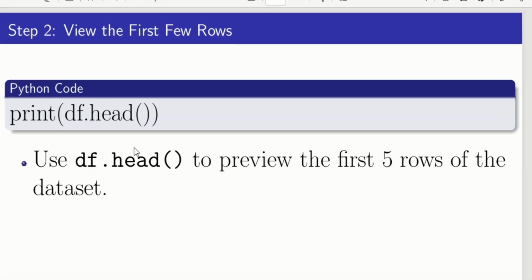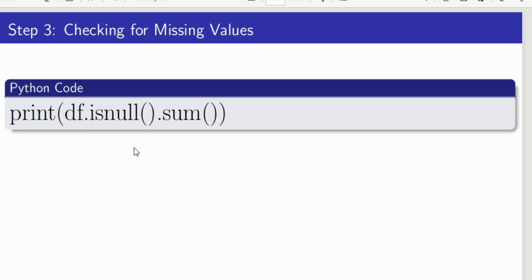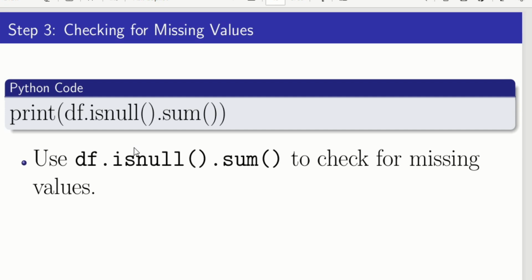Here we use df.head to preview the first 5 rows of the dataset, and this helps in understanding the data structure and columns. Now we will check isnull, meaning whether there are missing values. So df.isnull, and how many?